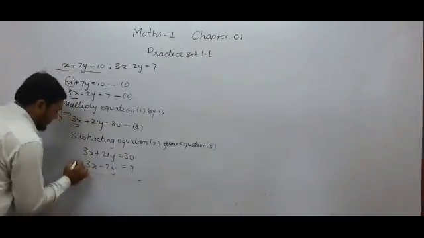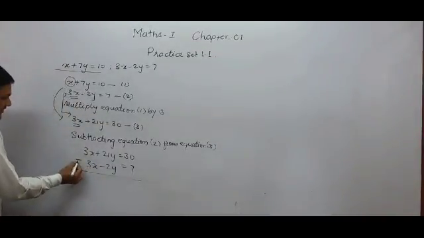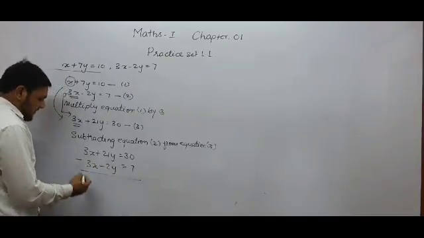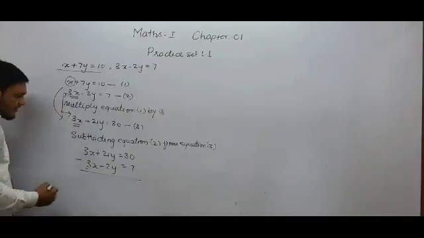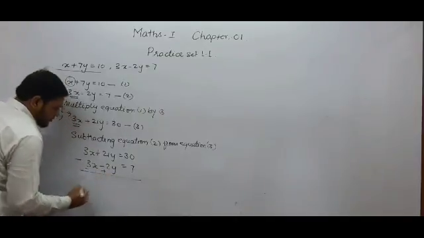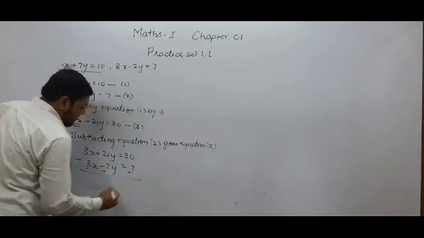So let's subtract. This subtraction will be applied to all the terms of the second equation, and that will change the sign. So this positive 3x will become negative 3x, this negative 2y will become positive 2y, and this 7 will become negative 7.